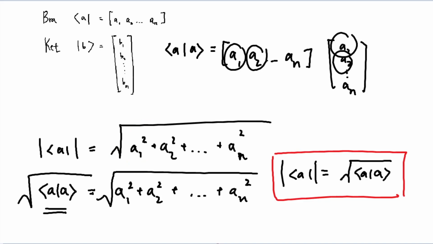And in this case, if you take a ket vector and you multiply it by a bra vector with the same exact elements, and vice versa, in these corresponding positions, then you get this very curious relationship, such that the length, and this is the notation for length of your given vector, is equal to the square root of this vector multiplication statement that we have right here.